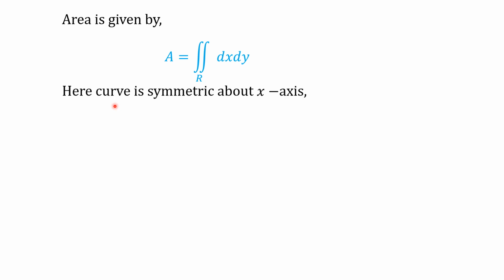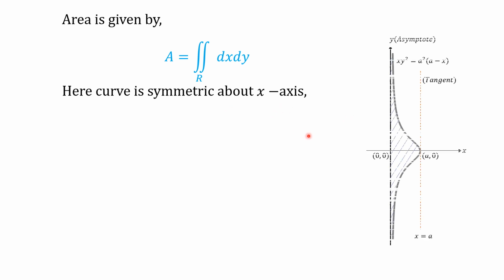So area is given by the formula A equal to double integration over R dx dy. This R is the shaded region. Now, in the first point, we obtained that the curve is symmetric about x-axis. So we are going to make use of this symmetry. Let us consider the figure again. This one is the total region R. As curve is symmetric about x-axis, that region R is divided into two equal parts.